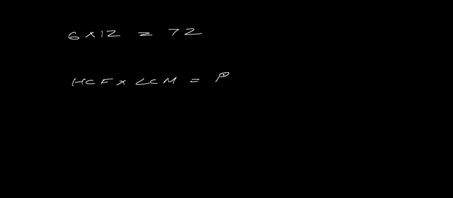So the HCF of the two numbers, that is 6, into the LCM of the two numbers, that is 12, is equal to the product of the numbers, that is 72. So we proved that the HCF of numbers into the LCM of the numbers is equal to the product of the numbers.